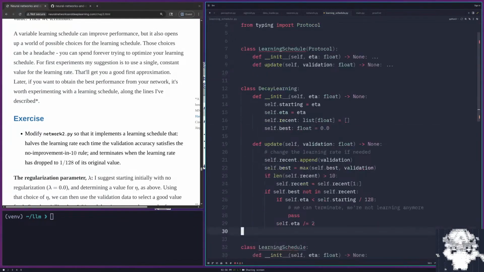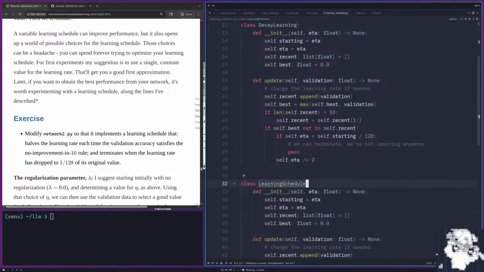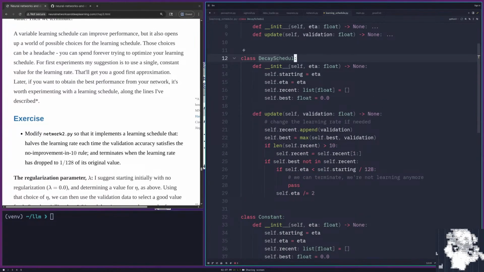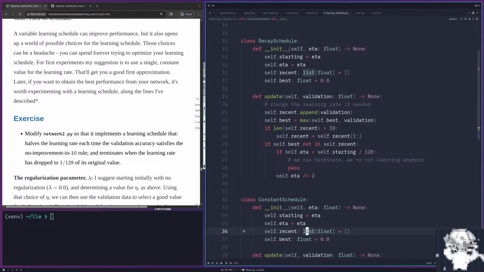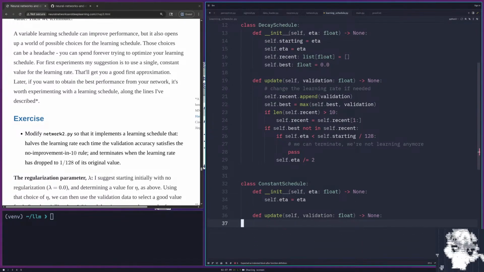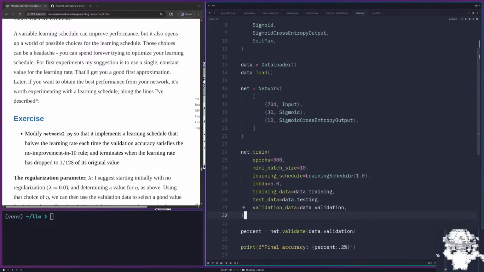And then let's have one called constant, or decay schedule, constant schedule. So what does constant schedule do? It never updates. Then here I can just pass in a constant schedule.